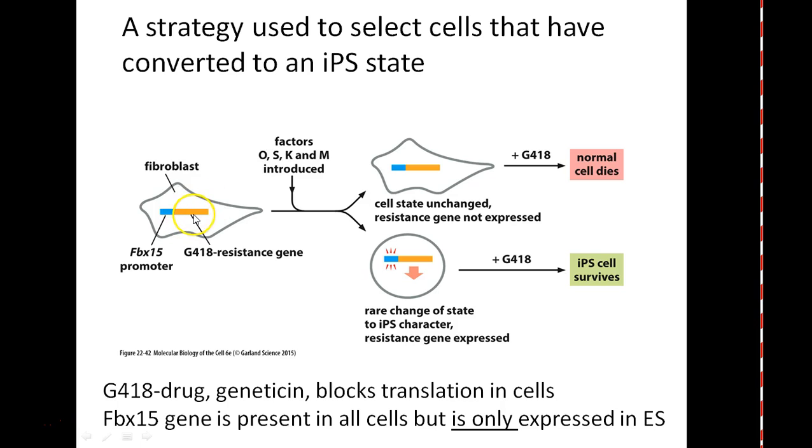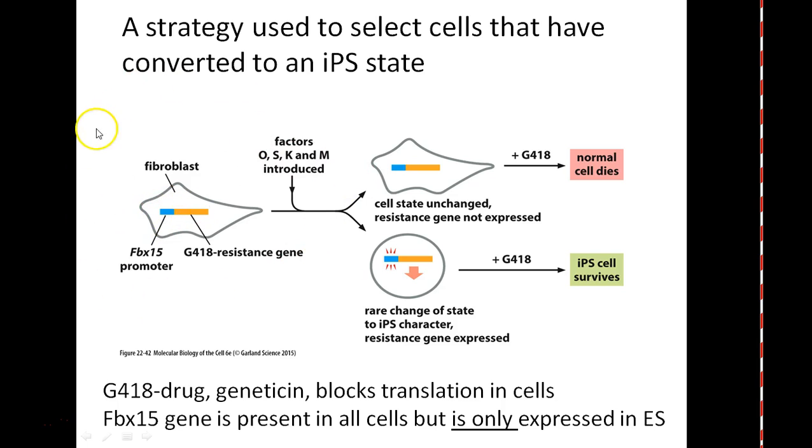So when this gene is expressed, it allows the cell to survive on the geneticin drug. Geneticin blocks translation, so if a cell cannot express this resistance gene, it will die. And this resistance gene was under the FBX15 promoter. This promoter is only active in the stem cells.